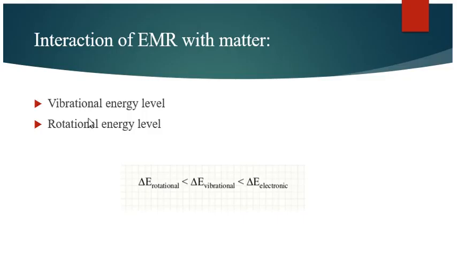So in one electronic energy level, there are several vibrational energy levels, and in one vibrational energy level, there are several rotational energy levels, and hence we can see here that the energy difference between these transitions changes: there is minimum energy difference in rotational transitions, and then in vibrational transitions, and the highest energy difference is in electronic transitions.